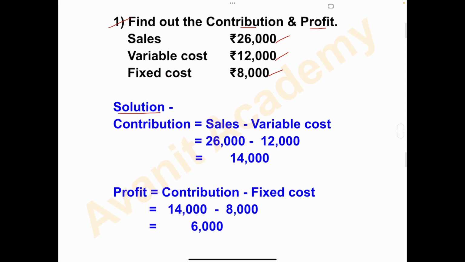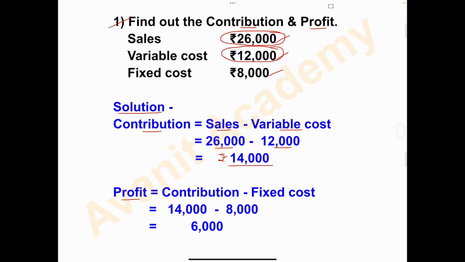We'll start the solution. Contribution is equal to sales minus variable cost. Sales amount is rupees 26,000 and variable cost amount is rupees 12,000. From 26,000 minus 12,000, you will get rupees 14,000. That is contribution.